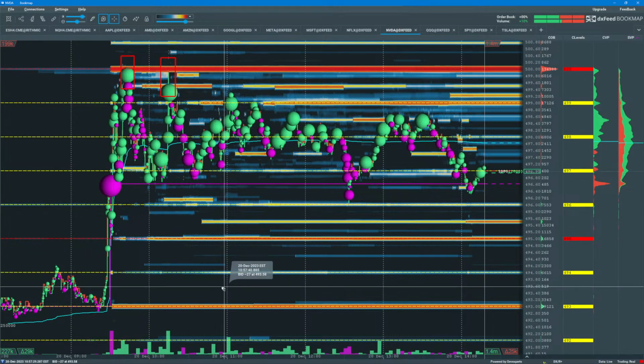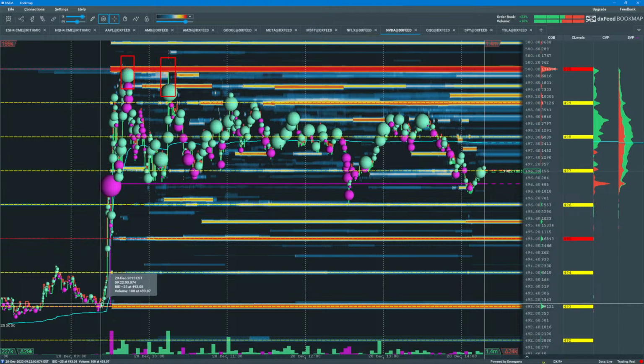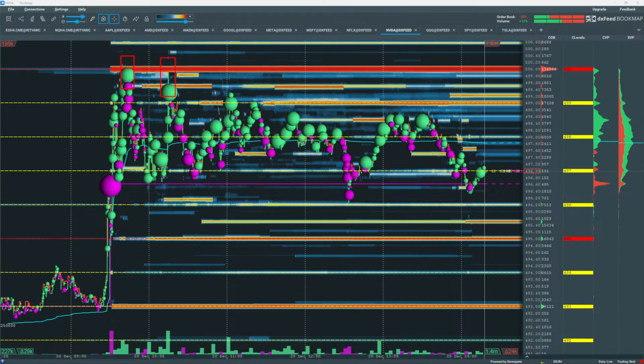So NVIDIA, this starts just a few minutes before the cash open. This straight shot up to the 500 call wall. NVIDIA meets resistance there.